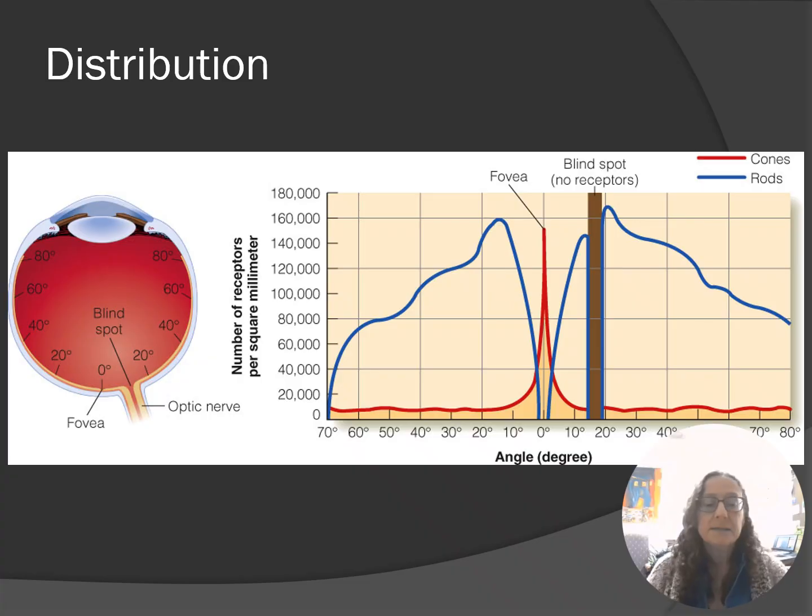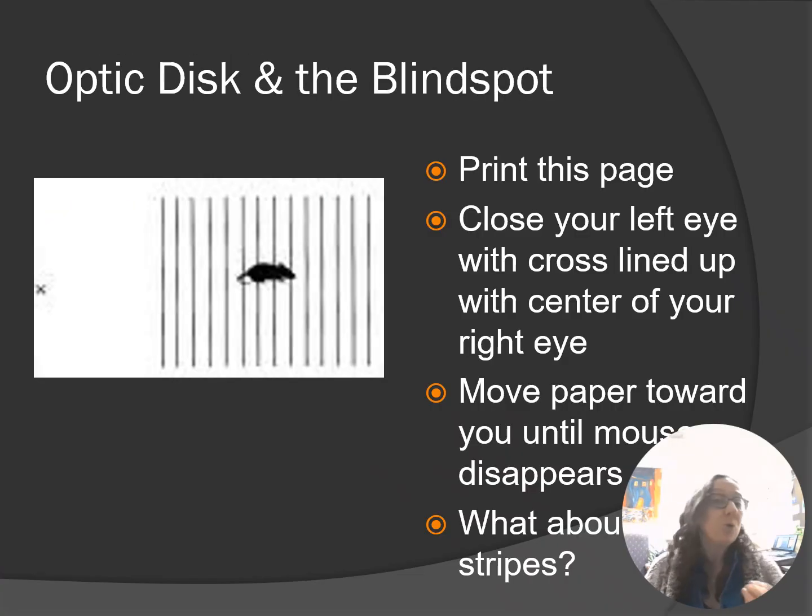And I typically hand out a really quick and dirty, cheap example of us actually seeing our blind spot. If you want to see your blind spot or become aware of it, you can print this page up whole, close your left eye, and then line up the cross so that you're looking at it with your right eye, and move the paper towards you until the mouse disappears.